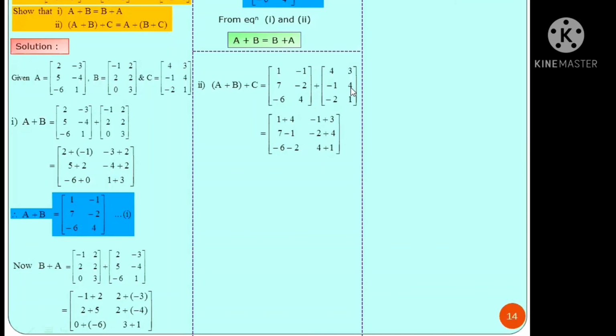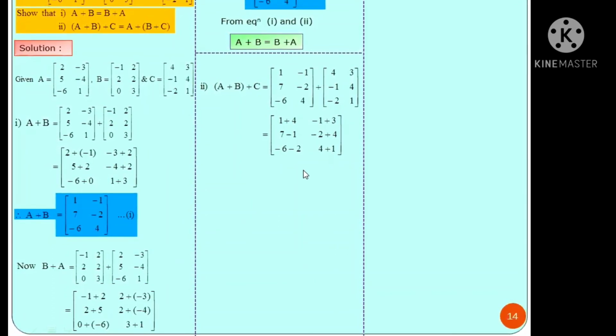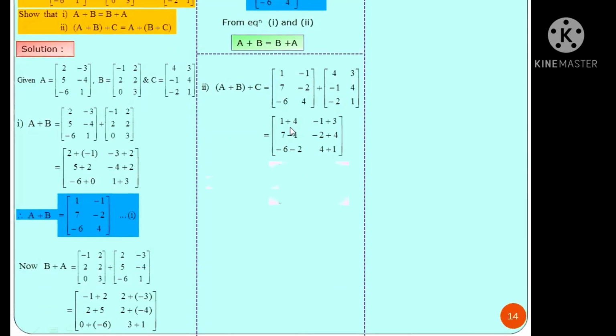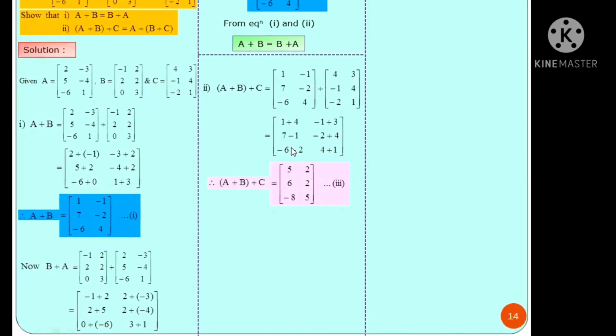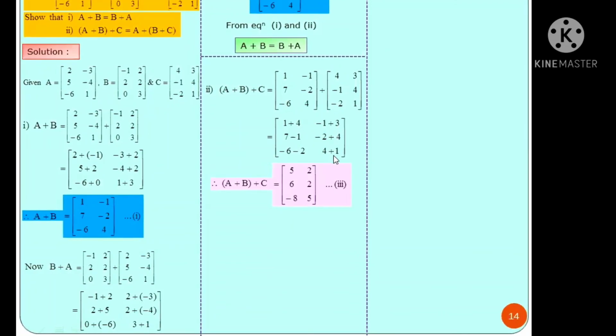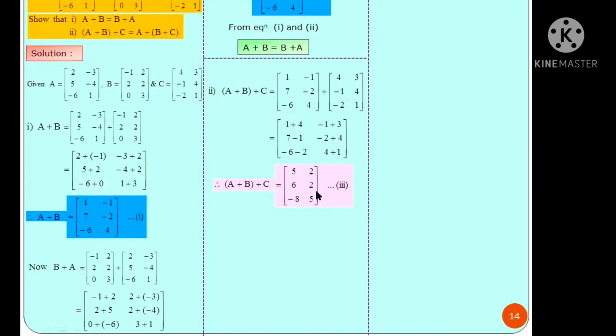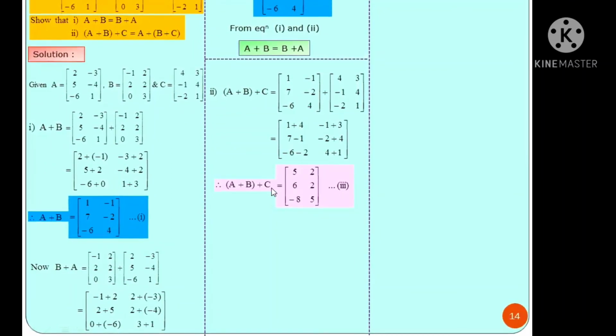Minus 2 plus 4. Minus 6 plus minus 2. 4 plus 1. Totals are obtained, 5, then 6, minus 8. Next column 2, 2, and 5. This is the value for A plus B added with matrix C.